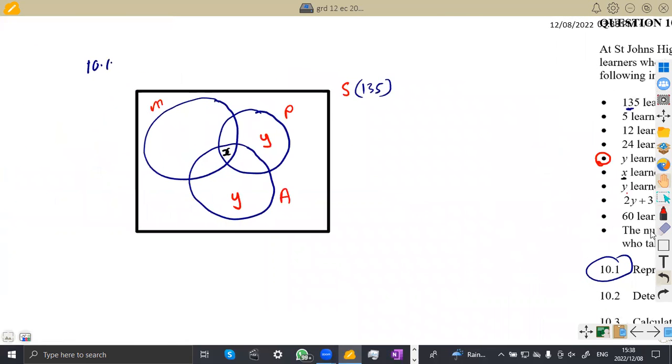So we have mathematics only with 2Y plus 3. This is what we have here.